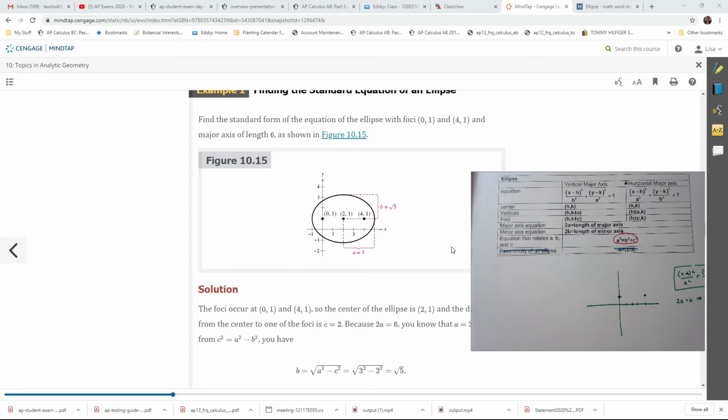So technically, all you have to do is subtract the x-coordinates of the foci and divide by 2. This is the point (0, 1) and this is the point (4, 1). So 4 minus 0 is 4, divided by 2 is 2, so my center is at (2, 1). Right here.